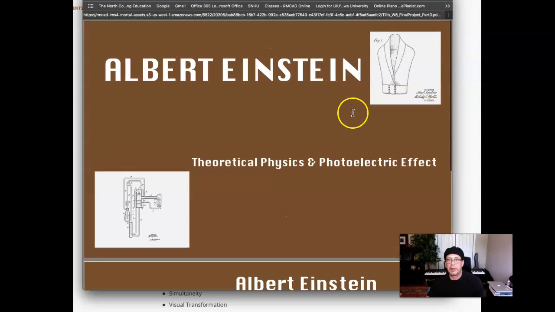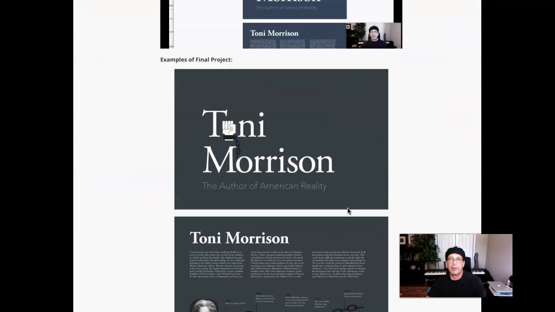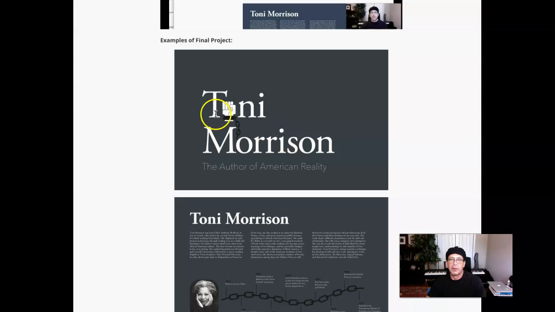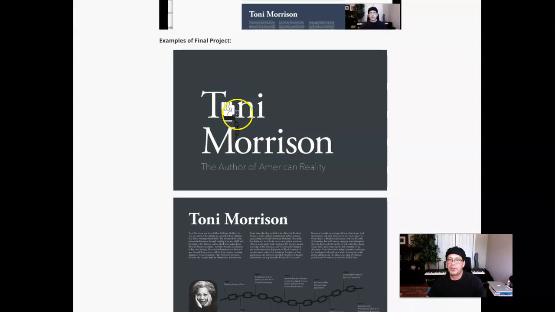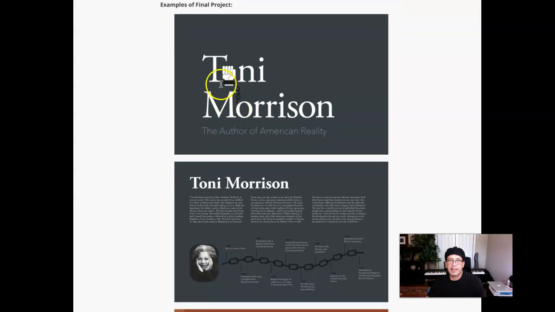For example, and I use this example just because it's such a strong piece, this Toni Morrison piece is saying a lot. It's simple. It's just a fist with a chain. It's typographic. It's not illustration, because it's replacing the O in Toni. And then that concept is followed through on the back of the page.